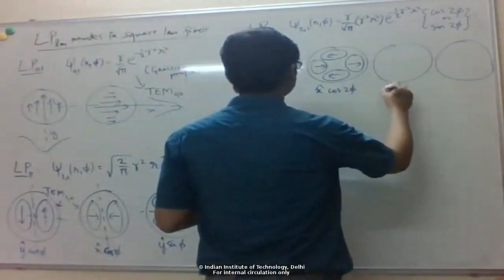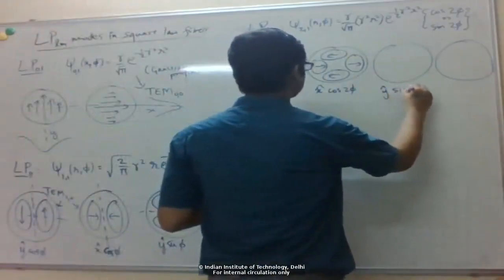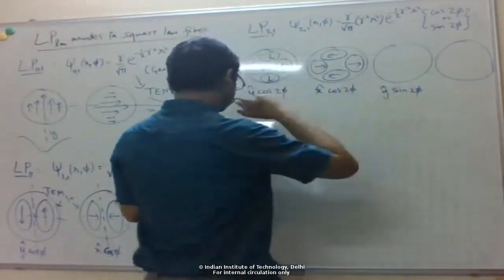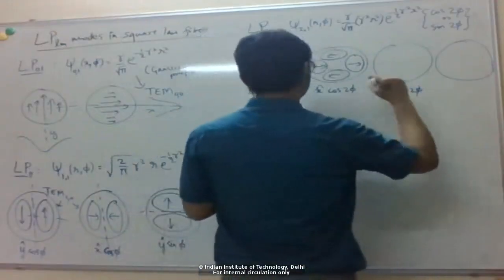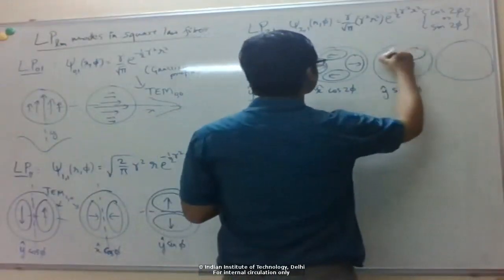And similarly, we have the polarized sine 2 phi, but it will have loops like this.